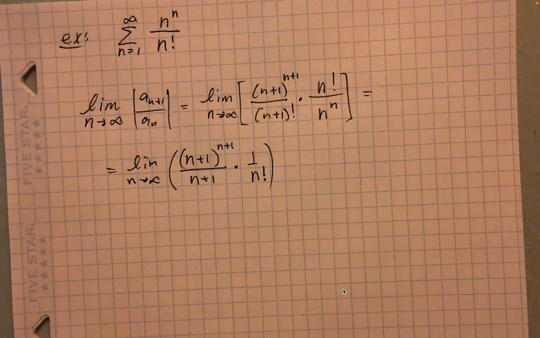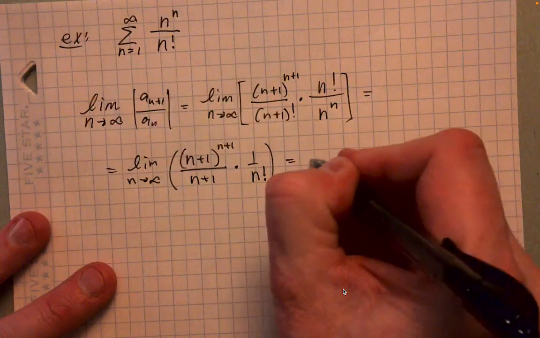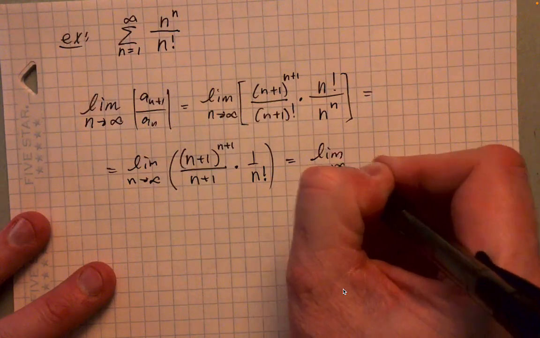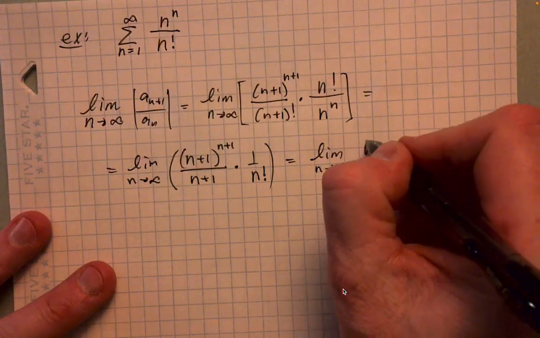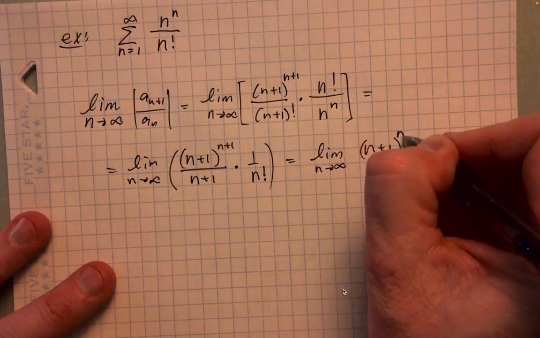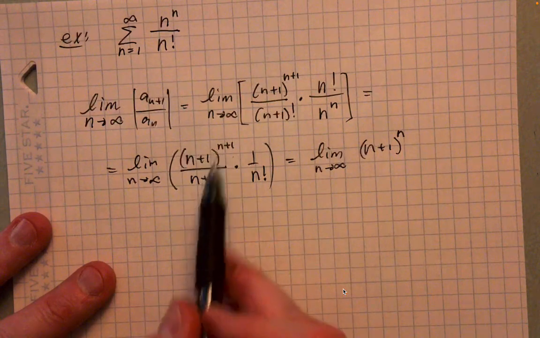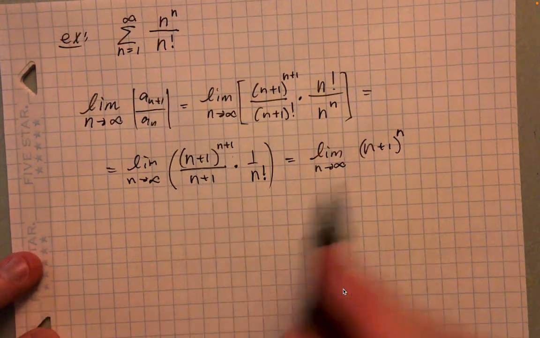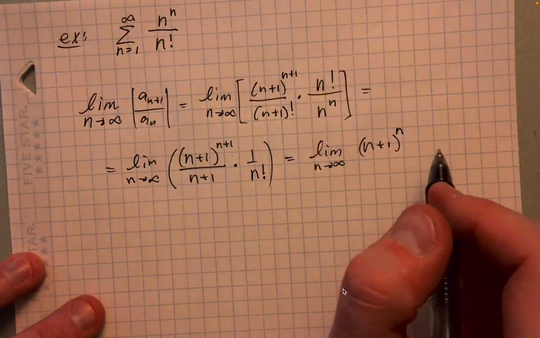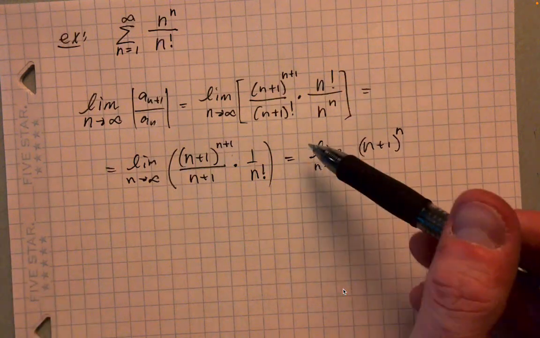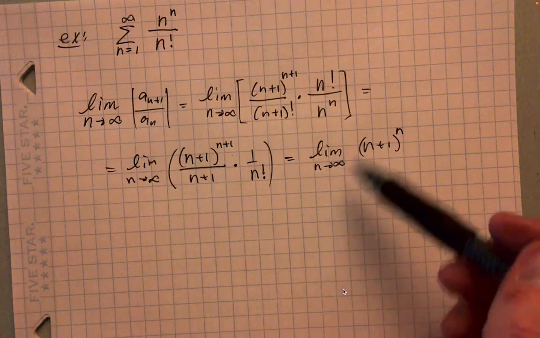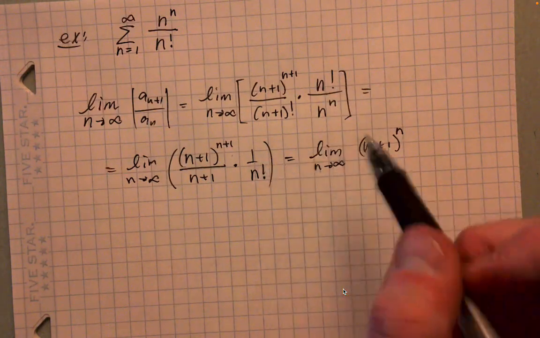Okay, now what happens to this? This is equal to the limit as n goes to infinity of n plus 1 to the nth power, right? There's a cancellation that occurs there, divided by, hang on one second, I might have made a mistake here. 1 over, this should be n to the n.